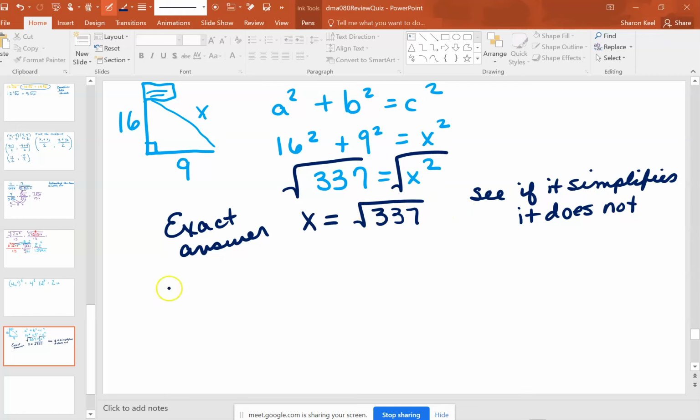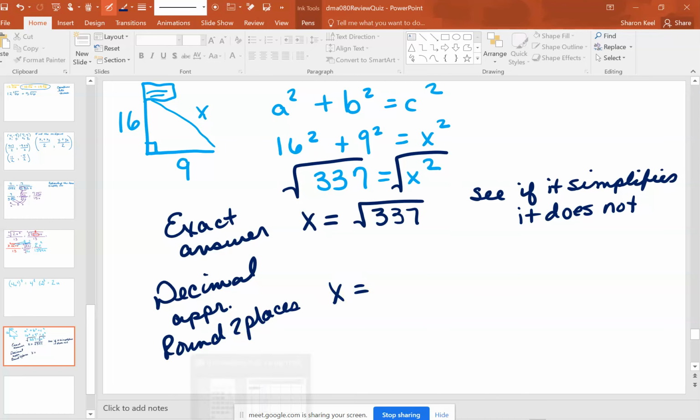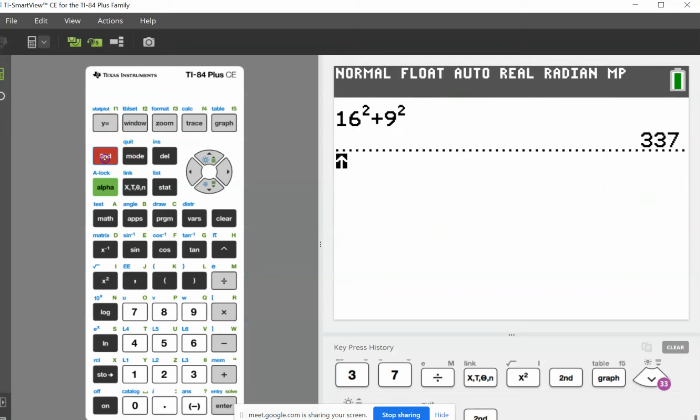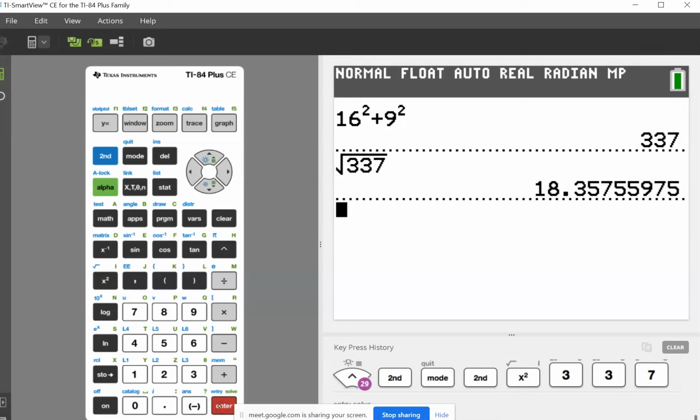So that's your exact answer. Then when they asked for the decimal approximation, they said to round 2 places. So let's come back to the calculator here. We're going to do second square root, and we're going to type in 337, and we get 18.3575.